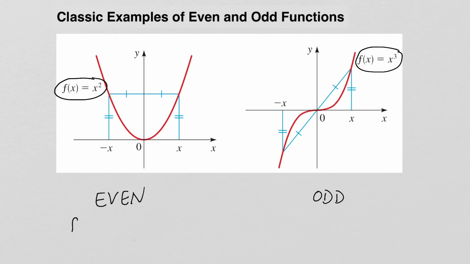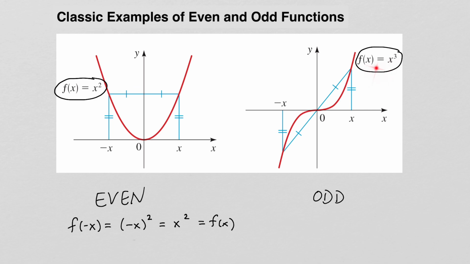But also, if you do f of -x for x squared, this is going to be -x quantity squared. And we know that -x quantity squared is the same as x squared, which is the same as the original function. So that is why this is an even function from an algebraic perspective.